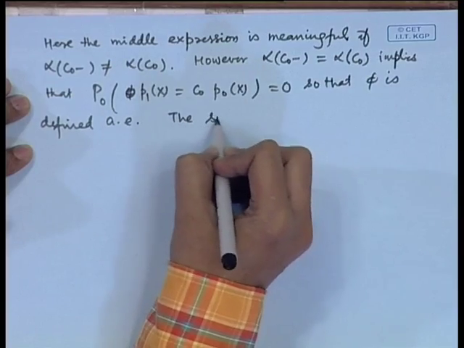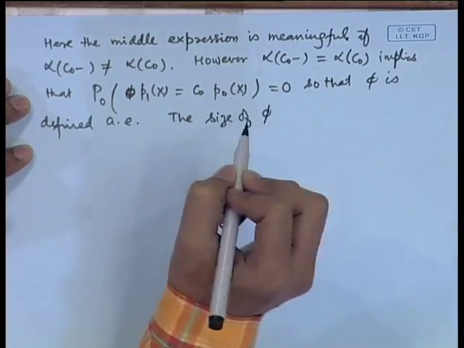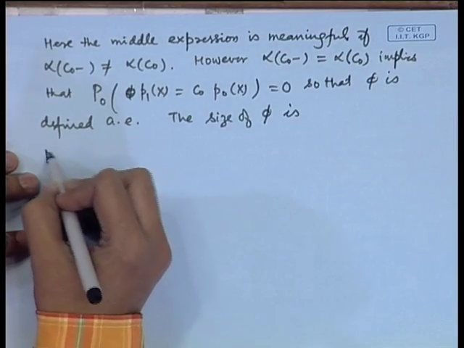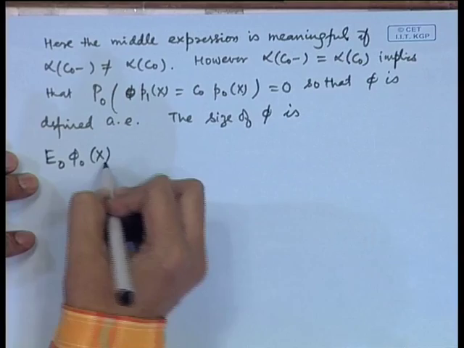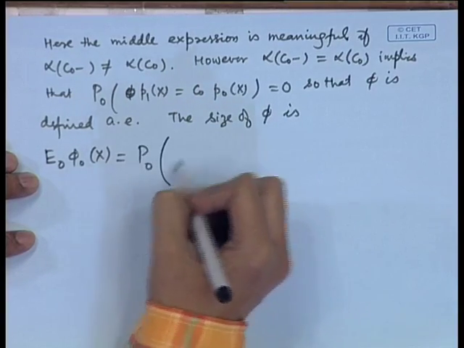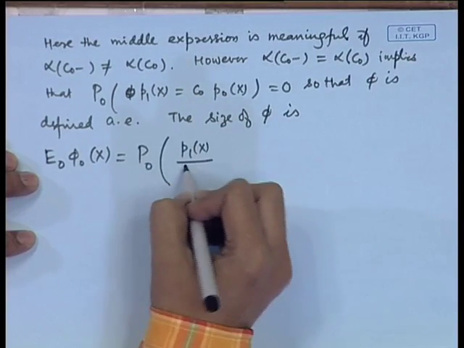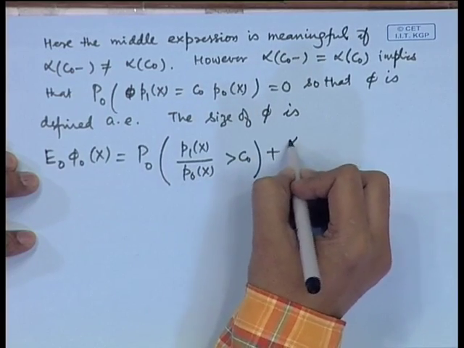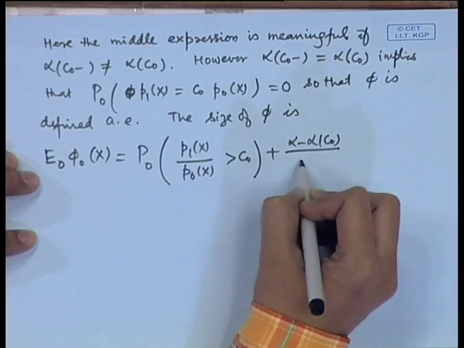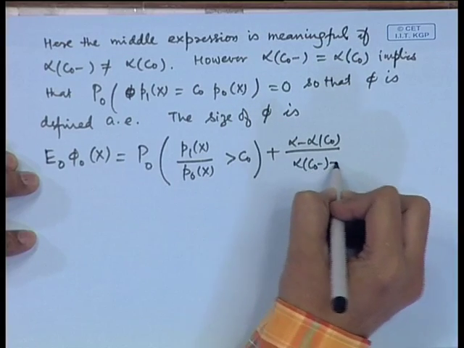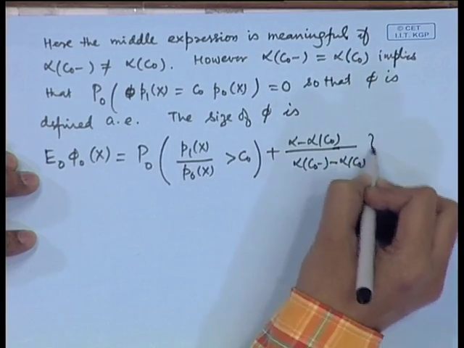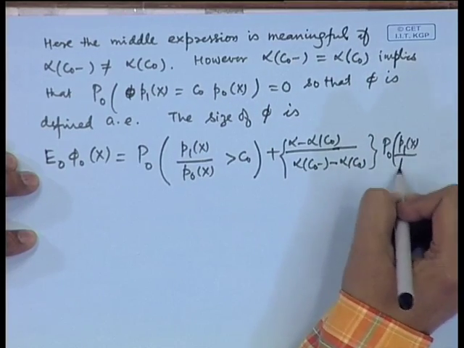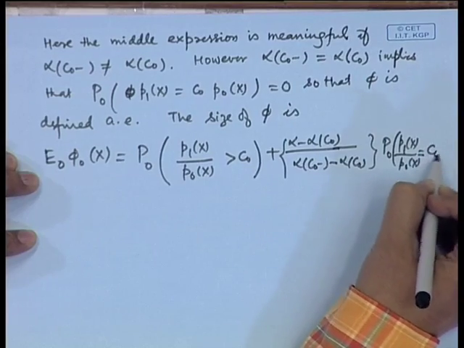Now, let us look at the size of phi, that is the probability of rejecting when H naught is true. That is the probability of P 1 x by P naught x greater than C naught, plus alpha minus alpha C naught divided by alpha C naught minus alpha C naught, into the probability of P 1 x by P naught x equal to C naught.